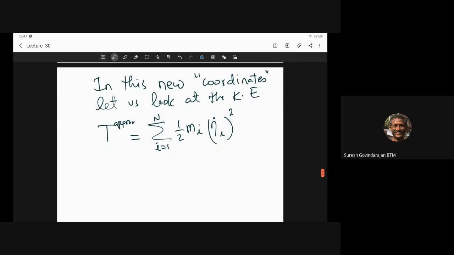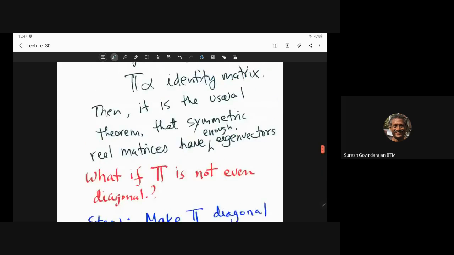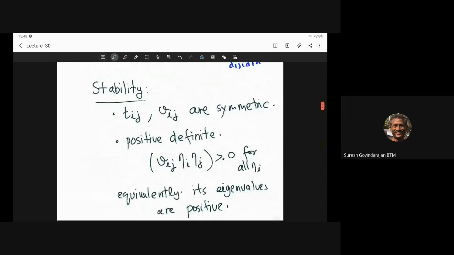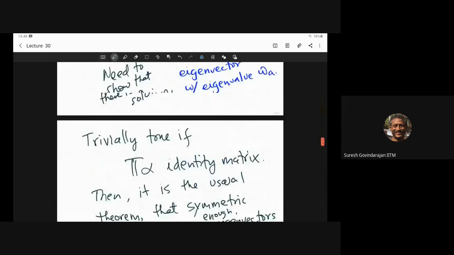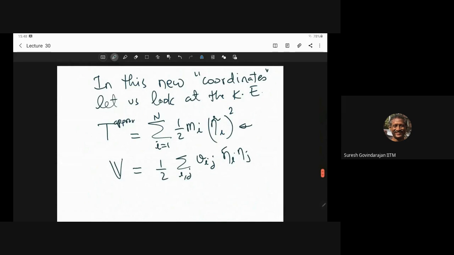We, of course, will continue to be symmetric. These etas, by the way, are not the same etas you would have started out with. I'm using the same notation, same coordinate for that. Maybe if you want, I'll put a tilde. Let's put tilde. Okay, so this is what we have.